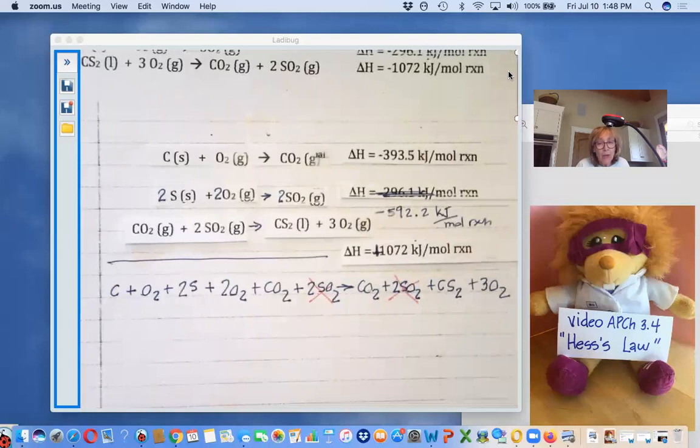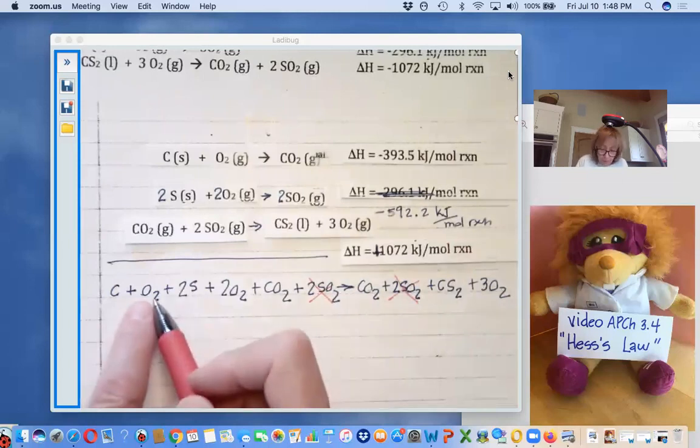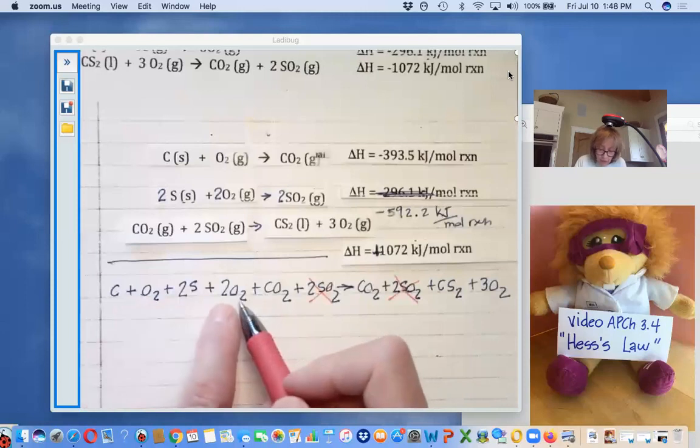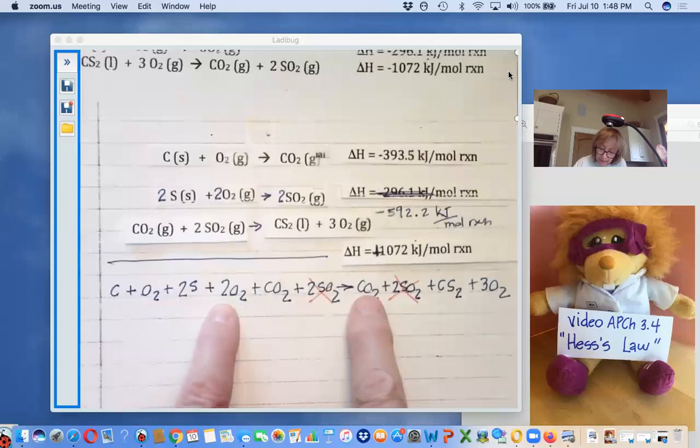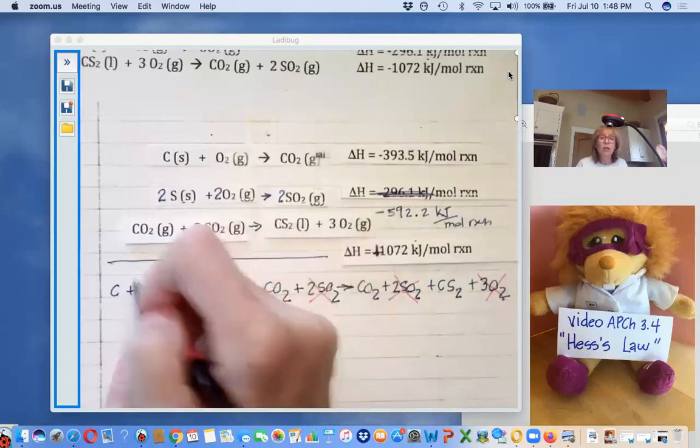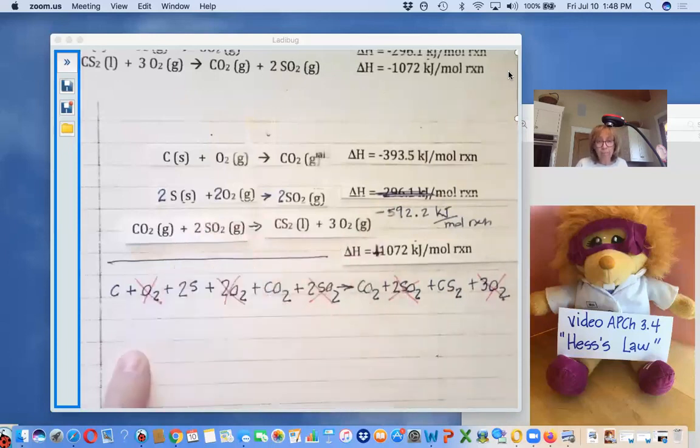How about the oxygens? Here's 1 plus 2 more, that's 3. And on the product side, I have 3. So I'm subtracting 3 O2s from both sides of the equation. And let's see, 1 more.